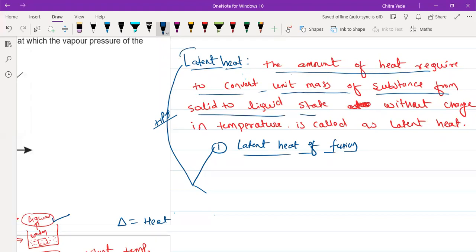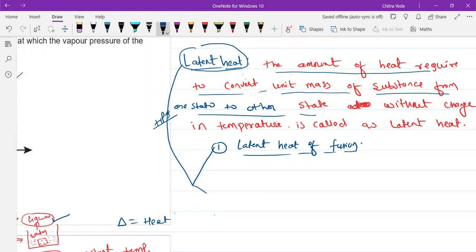See, here we are only discussing change in state. So instead, we can write the amount of heat required to convert unit mass of substance from one state to other state, without changing temperature.